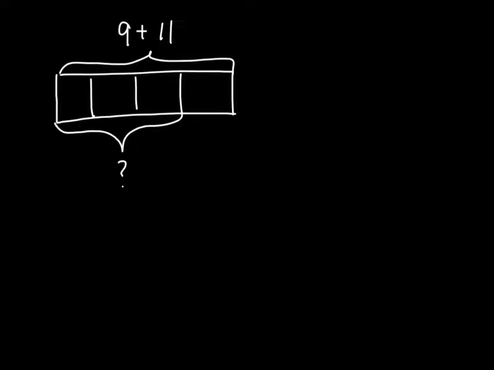And since I have to do that first, I'm going to put that part in parentheses. And then I have to find out what 3/4 of that number is. So I could write my expression as 3/4 times (9 plus 11).